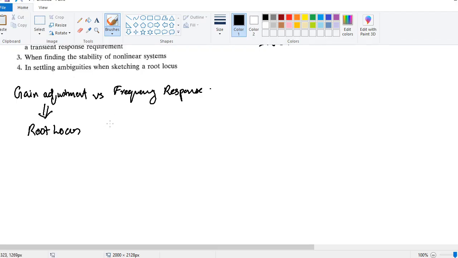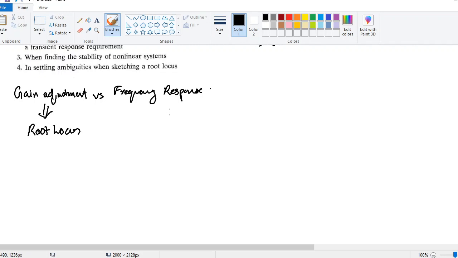So the major advantage of the frequency response technique is that it not only looks at the gain aspect, but also sheds light on the phase of a system, which is critical for most or all of the systems that work on an AC voltage. So this is the difference between a gain adjustment technique and a frequency response technique.